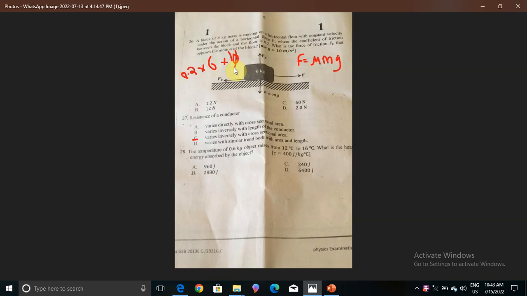So cut 0 by 0, and we have 2 times 6. 2 times 6 is equal to 12 Newton. So the correct answer for question number 26 is B, which is 12 Newton.